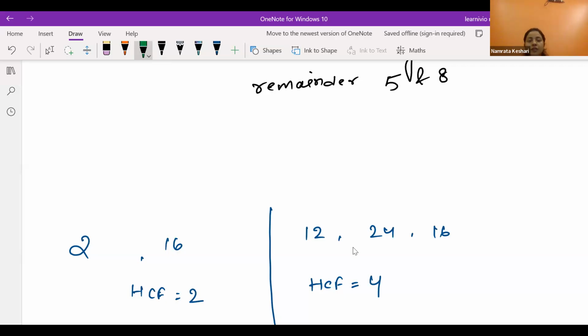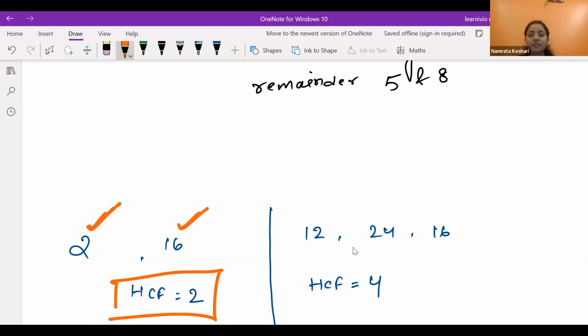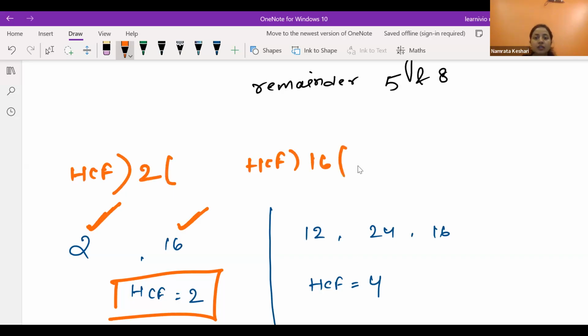Okay, so the HCF we have found for the first case is 2, and in the second case, we got the HCF as 4. In the first scenario, are you able to see this HCF is such a number which can divide our first number completely, and the second number is also completely divisible by this HCF? Similarly, in the next case, the HCF is 4.